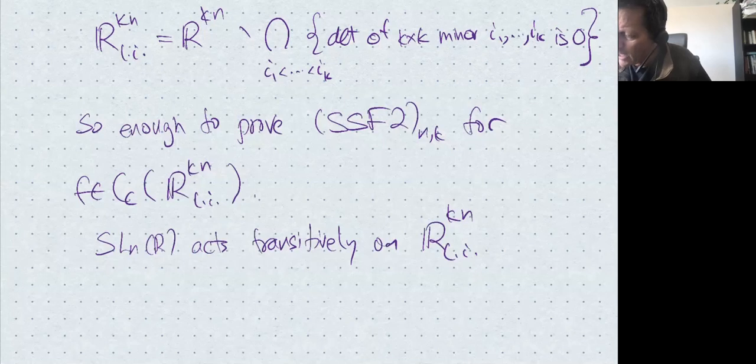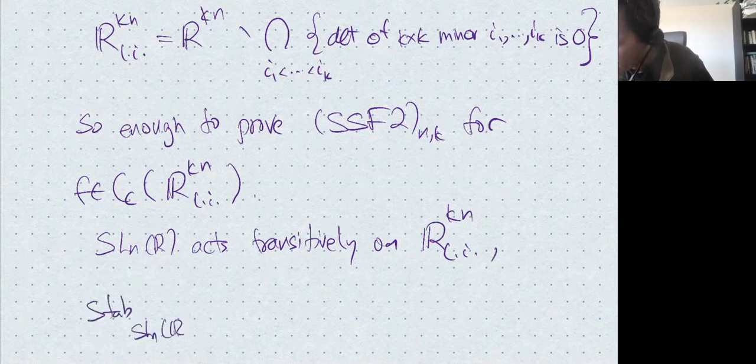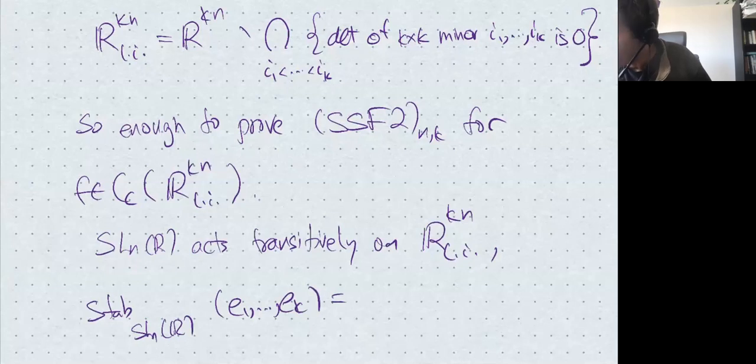And so this is a space on which SL_n(R) acts transitively, and the stabilizer in this group SL_n(R) of the standard k-tuple, the first k vectors of the standard basis, is in matrix form given by a block matrix.